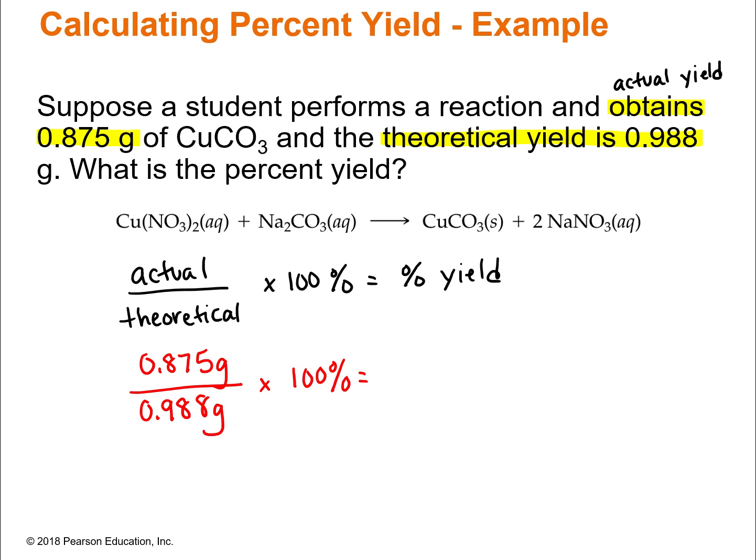You do want to watch for sig figs here. We've got 3 sig figs in our actual and theoretical yields, so we should have 3 sig figs in our answer. You should get 88.6%.